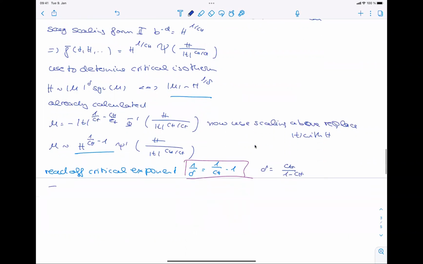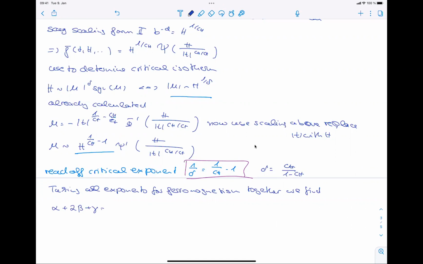Because if we now are taking all these exponents for ferromagnetism together, we find that if we now take alpha plus 2 beta plus gamma, and we just copy down how we found them.